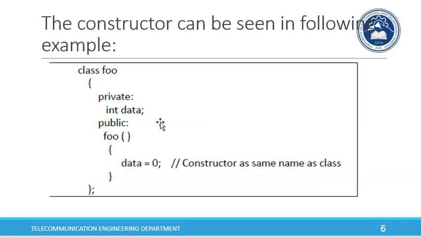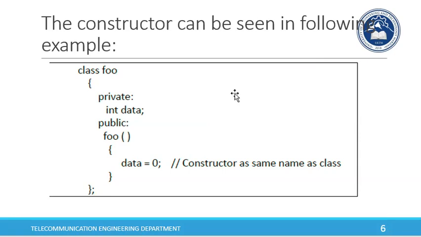This is an example of how you will write a constructor. In this example we have a class named foo, and we declare a data variable called data. In public we write foo and then small braces, just like a function, but it is the same as the name of the class.